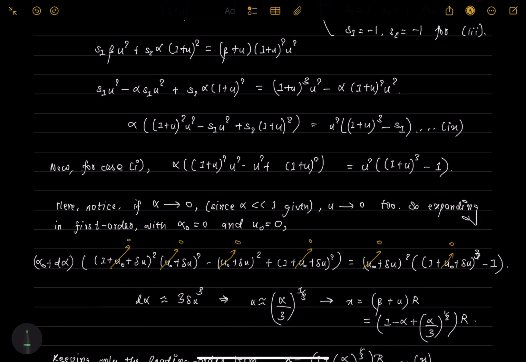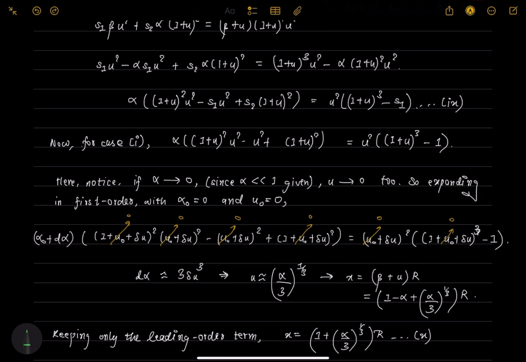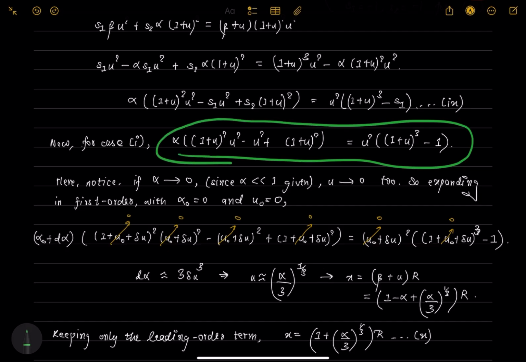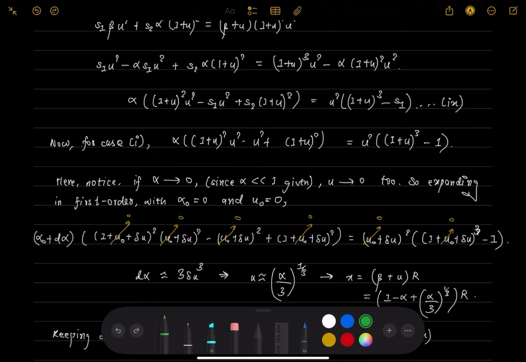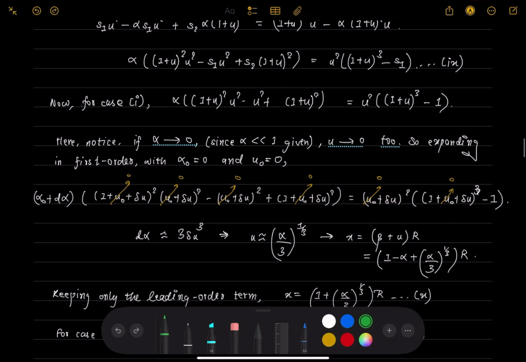So that means that you can expand this particular equation near the values of alpha naught and u naught, right? So if for alpha equals 0, u equals 0 too, then for a small deviation for alpha, this equation needs to be satisfied, where u is also a small deviation from u naught, right?